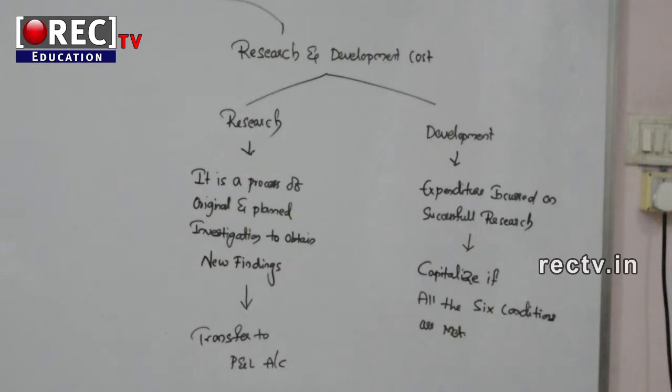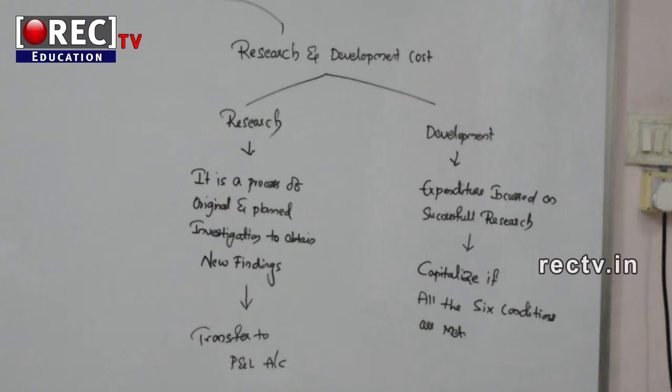So the first 2 years are research cost, and the third year to fourth year is development cost. The research cost incurred in the first 2 years should be transferred to the P&L account, and the development cost incurred from the third year to fourth year should be capitalized.